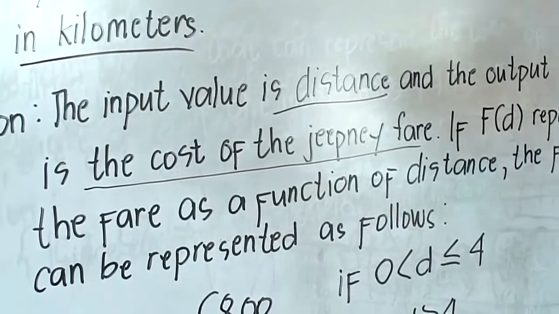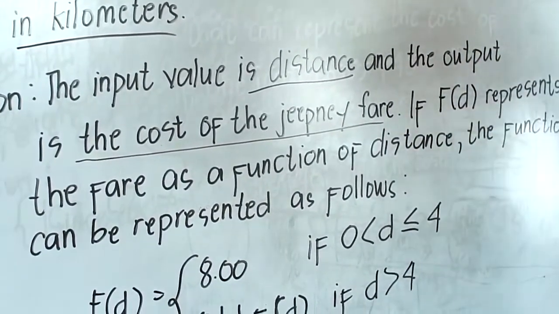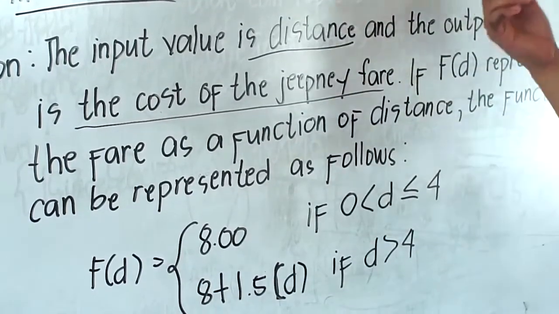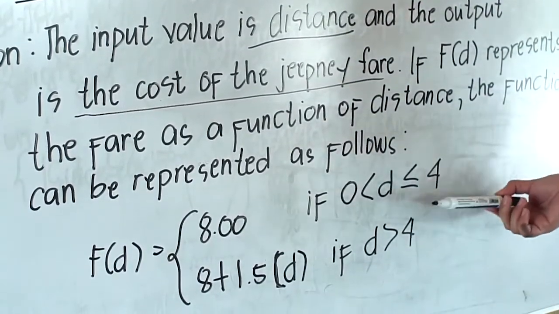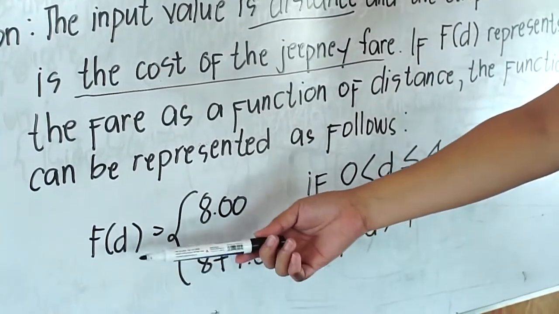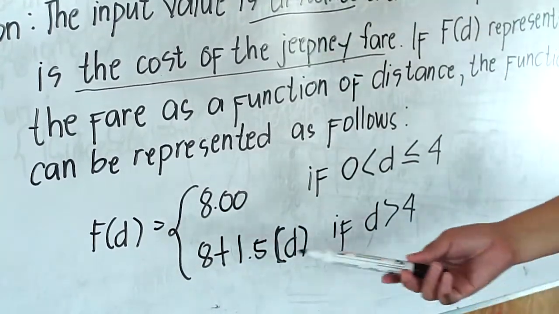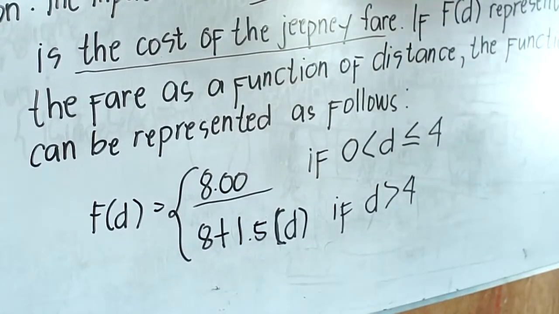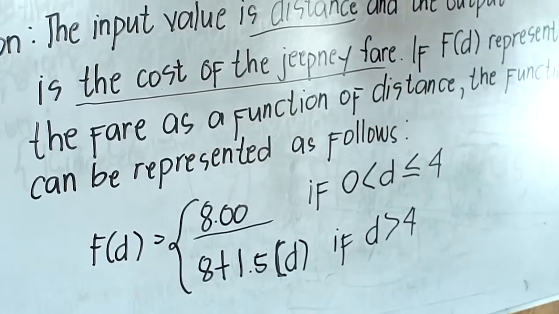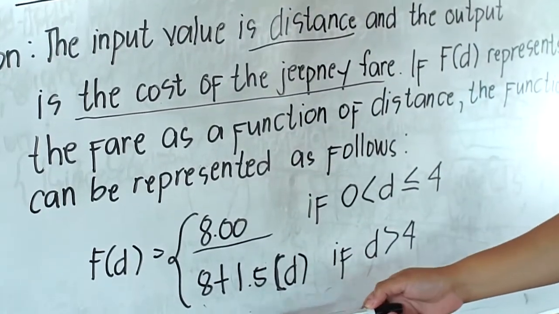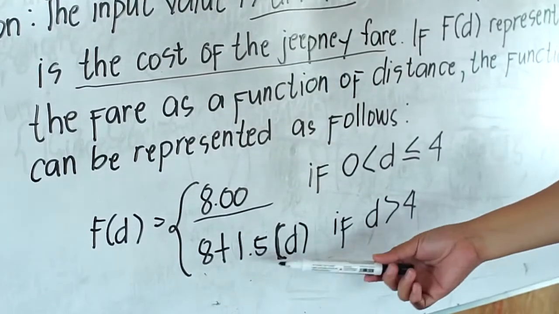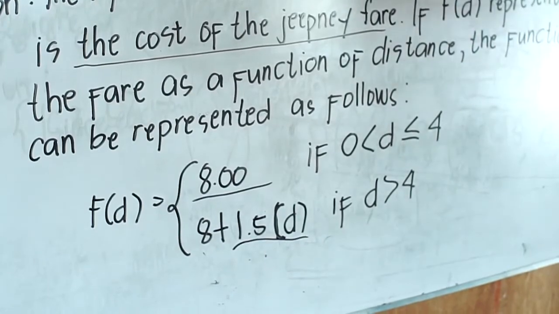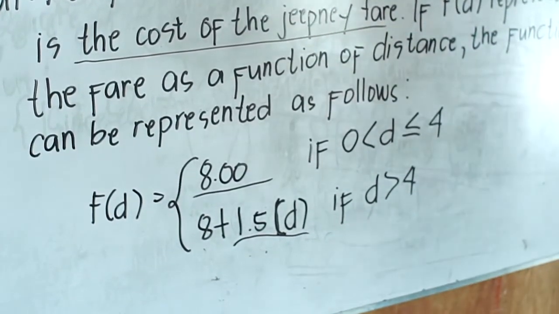So if f of d, or function of distance, represents the fare as a function of distance, the function can be represented like this. f of d is equal to 8, which is the cost of the jeepney ride, and 8 plus 1.5, which is the additional fare for additional integer kilometers.